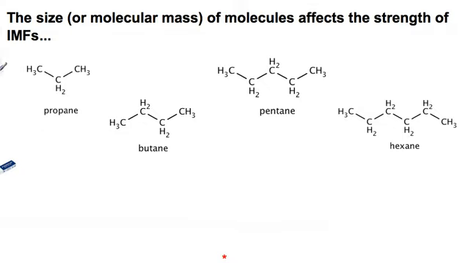So as I mentioned, size of the molecule, you can look at this as molecular mass, you can look at this as number of electrons, because here now we're talking about dispersion forces. And so dispersion forces are due to the number of electrons, which we can equate to the size or mass of the molecule.